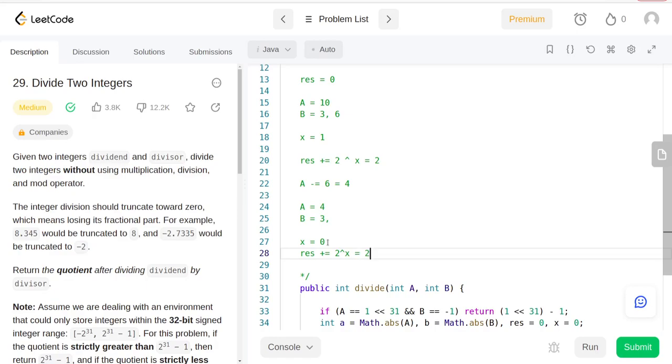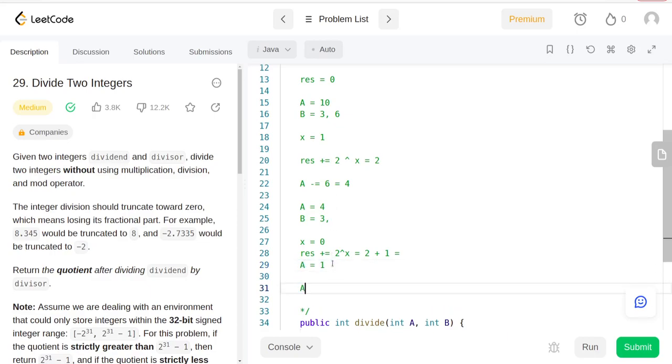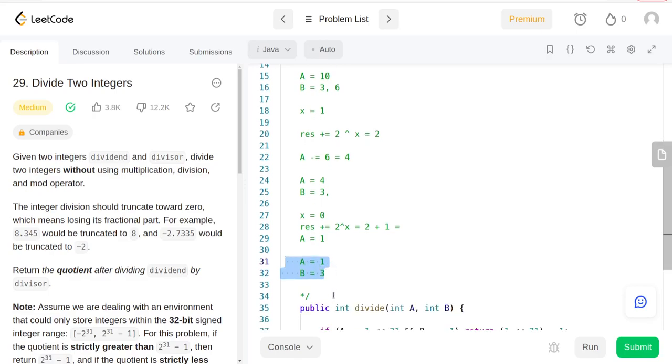This time it's gonna be 2 was the previous value, and this is gonna be 1, so that would be the answer here. And the next time the a is gonna get updated to, again, 4 minus 3, that will make it 1. So we won't get into this one again, as a is 1 now and b is again 3. So we're gonna stop doing this calculation when the a would become less than b.